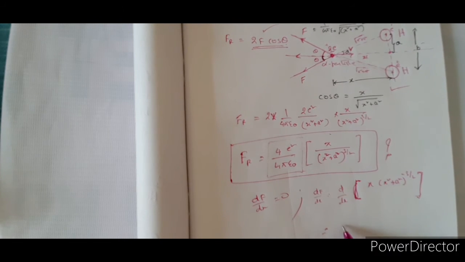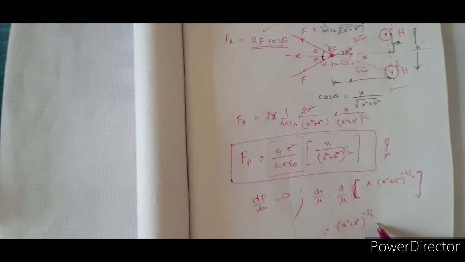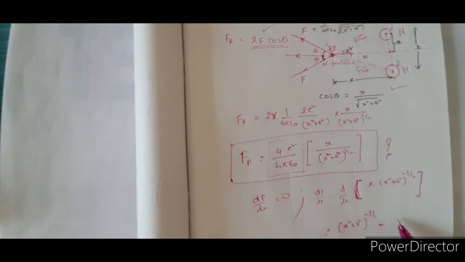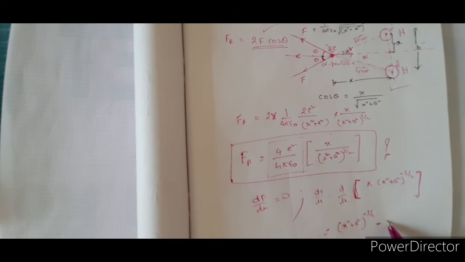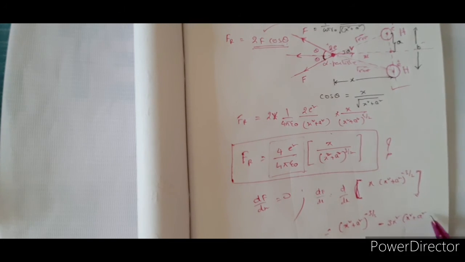So differentiating this, it is x, then (x square plus a square) whole power minus 3 by 2 as it is. Differential of x is 1. Right, now minus 3 by 2 and you will be getting minus 3x square, 2 will get cancelled anyway, into x square plus a square.